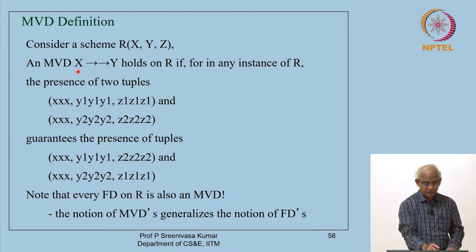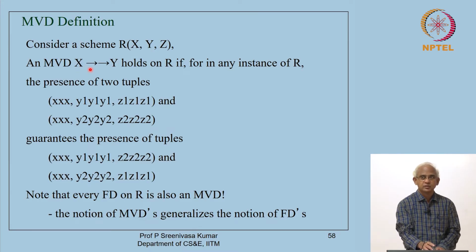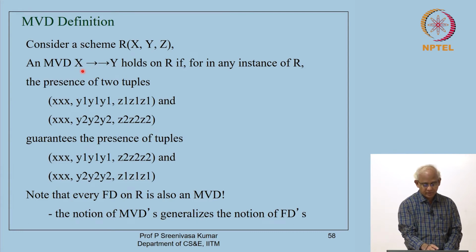Supposing there was just a normal FD, X determines Y. If X determines Y holds, then if you have two tuples with the same X, the Y values should have been the same, so it will be y1 and y1.